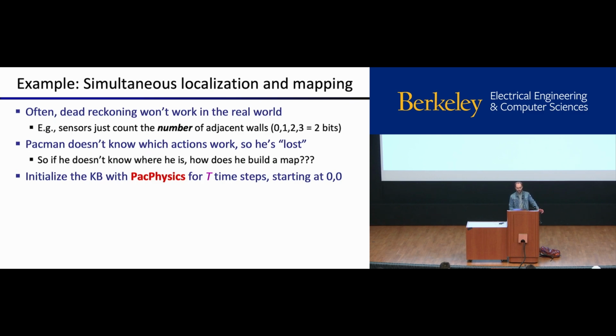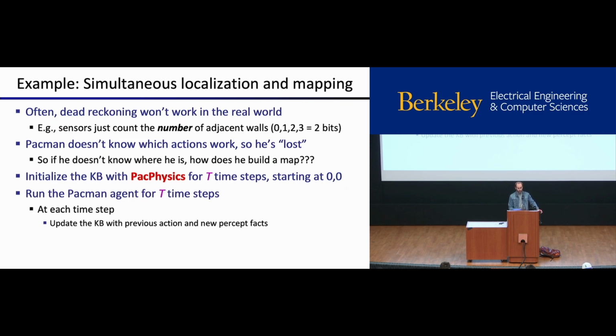But you initialize your knowledge base with Pacman physics for t time steps, starting at 0, 0. You run Pacman for t time steps, and at each time step, you update the knowledge base: you tell it what actions you took, what you perceived, and you check. Maybe, like in the example I walked through, there are things you can deduce about whether there's a wall at location XY or whether there's not.